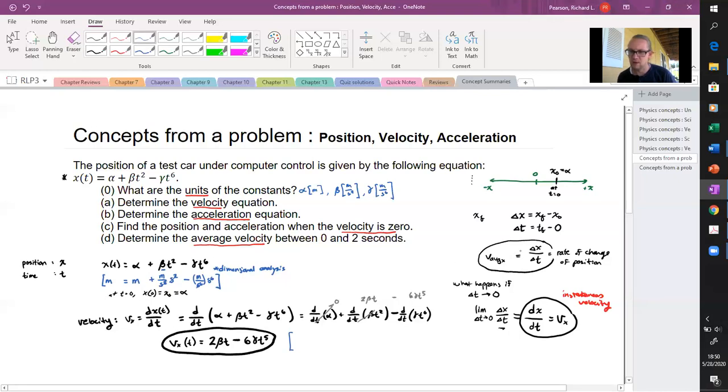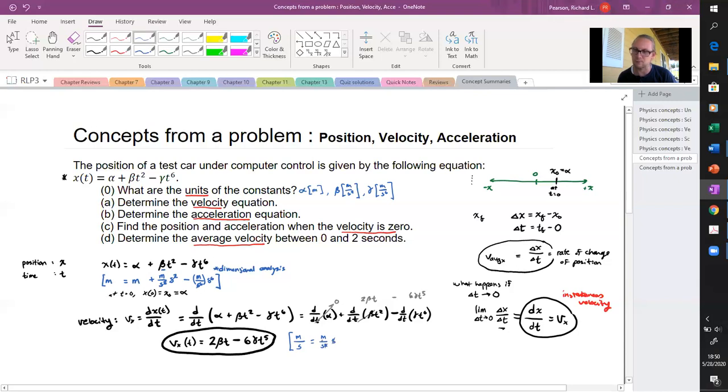The numerator is a change in length, a change in position, which is meters, and it's divided by time, so that's our rate of change, meters per second. So that means that on our right side, this should come out to meters per second. So let's look at this. Beta is meters per second squared. Seconds is, or time is now seconds. Woohoo!